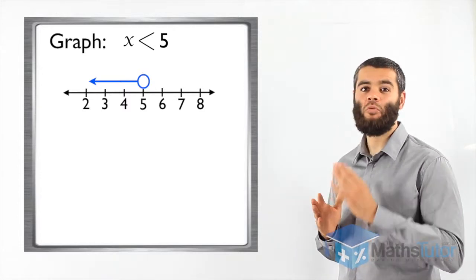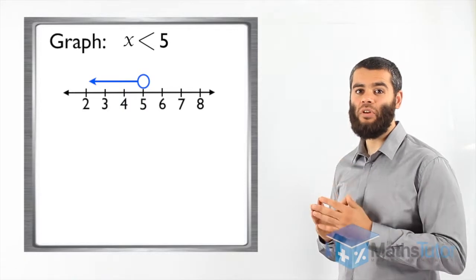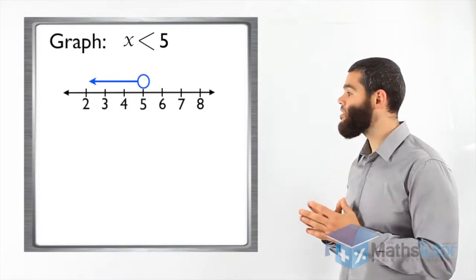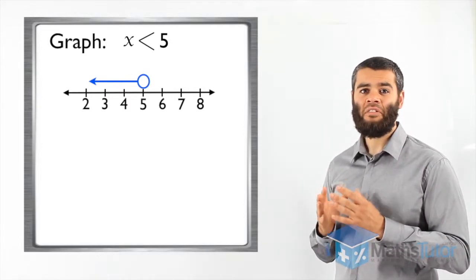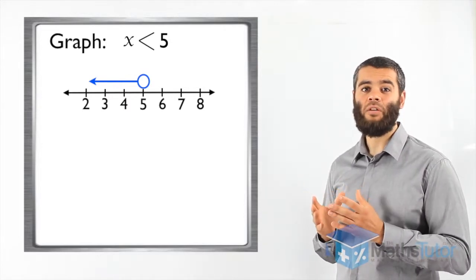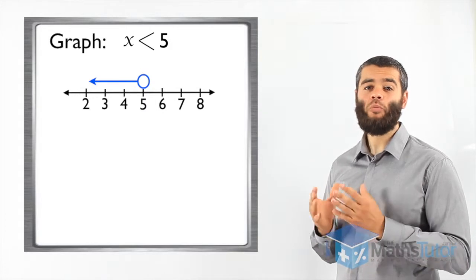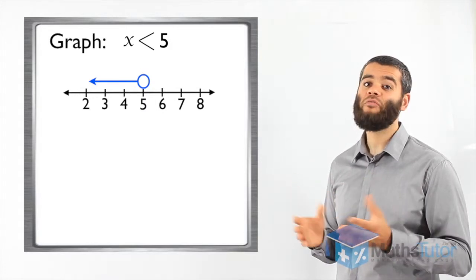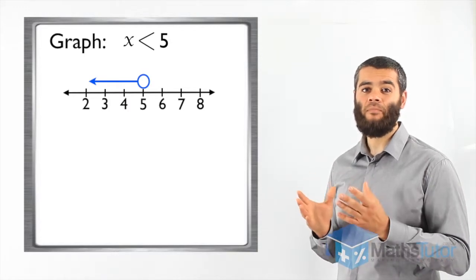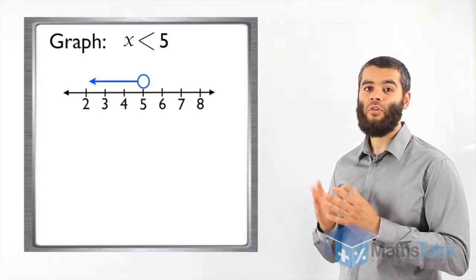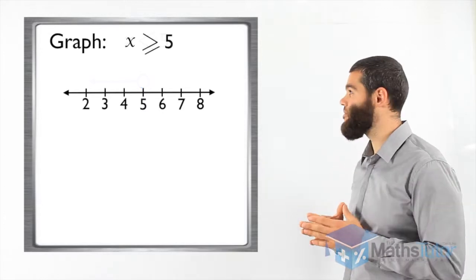So the arrow goes towards the 4, the 3, the negatives. So x less than 5 means that x can be 4.9, it can be 4.99, but it can't be 5. It can be 3, 1, 0, negative 10, but it can't be 5 or more, so it's less than 5.